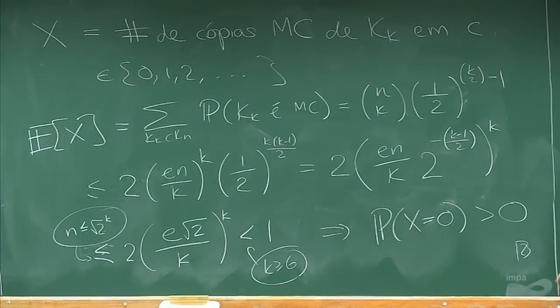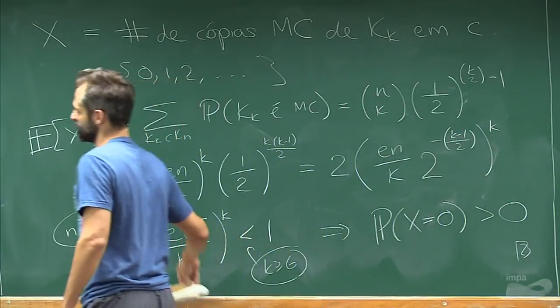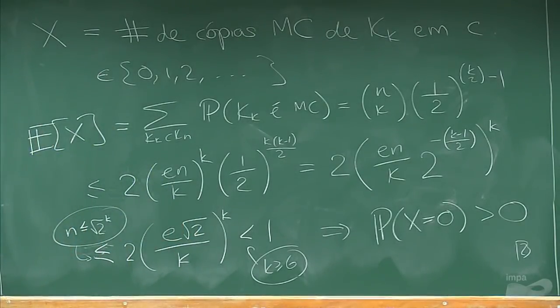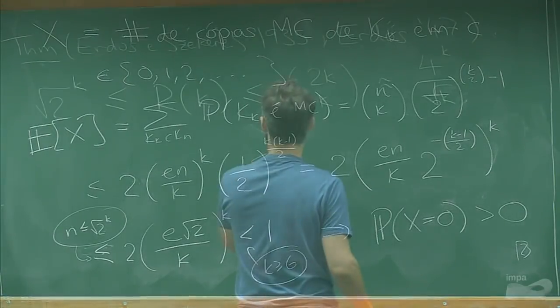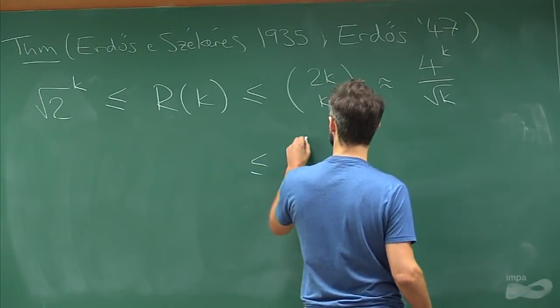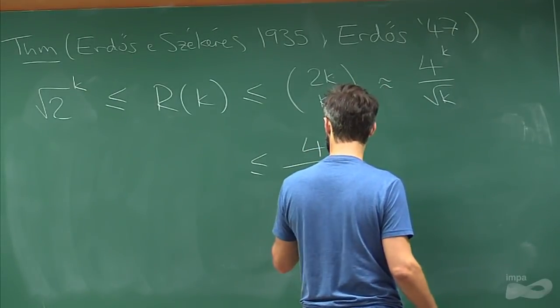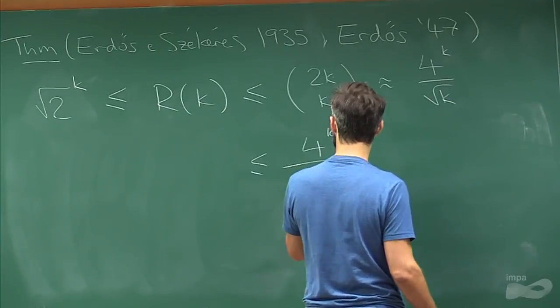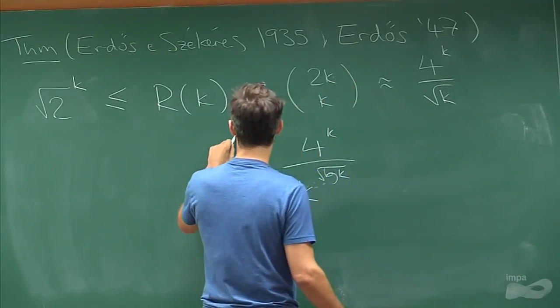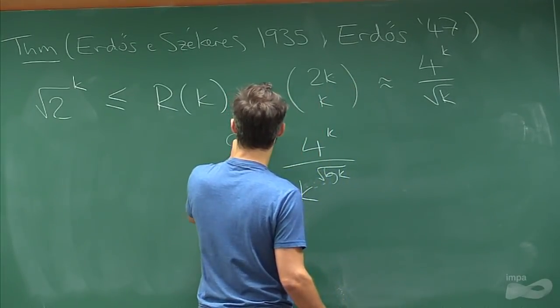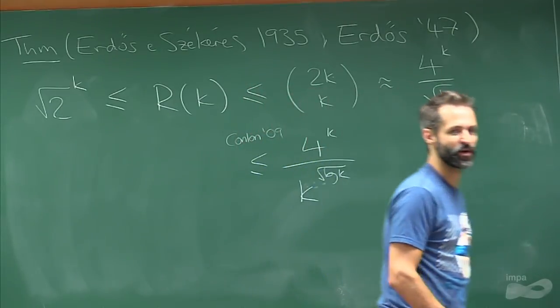So the most recent progress, 4 to the k over something like, I forget exactly, something like k to the log k, was proved by Conlon about 10 years ago.